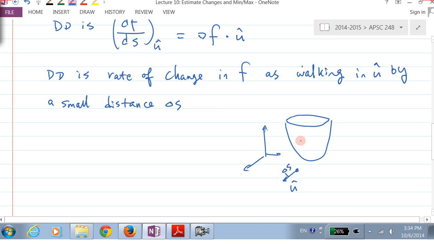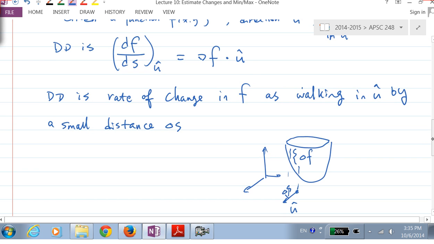Then correspondingly there is a change in this function f. So that rate of change is basically this directional derivative. Calculation-wise, it's fairly straightforward. Just calculate the gradient of the function f first, then do the dot product with the direction you're walking, u hat. That's it. That's the directional derivative.